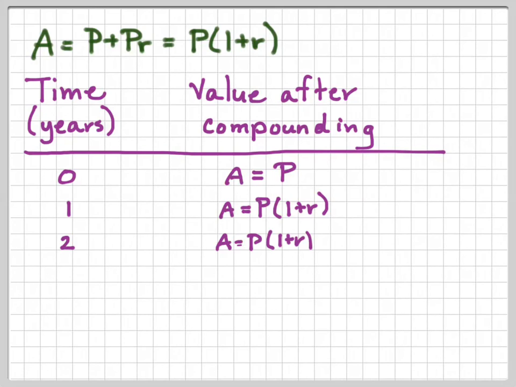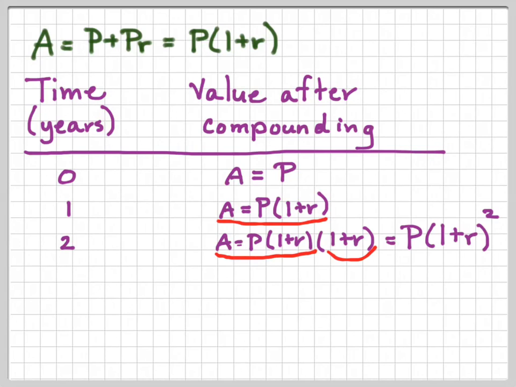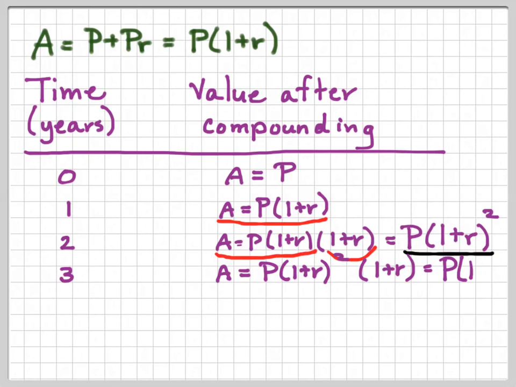In the second year, you're going to take what you had here, your principal times 1 plus R, and you're going to multiply it again times 1 plus R. In other words, we're going to have P times 1 plus R squared. In the third year, you're going to take what you had in the second year, which was P times 1 plus R squared, and you're going to multiply that times 1 plus R, so you'll have P times 1 plus R cubed. And are you seeing a pattern here?